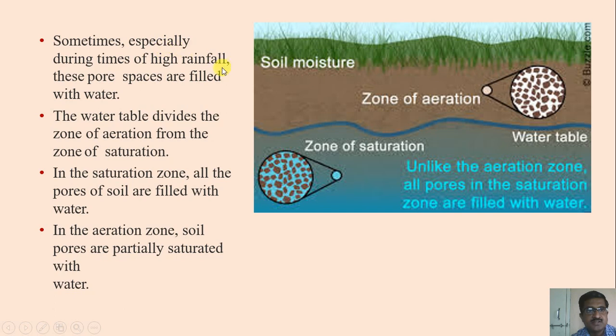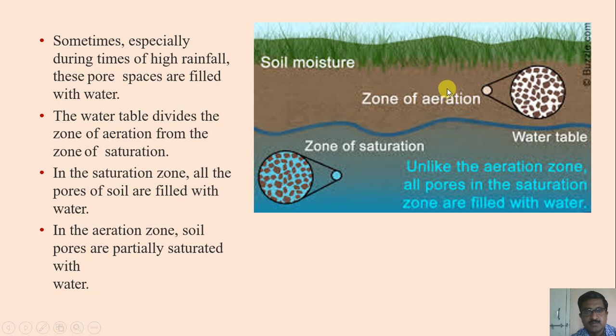without any air in the soil structure. Sometimes, essentially during times of high rainfall, the pore spaces are filled with water. The water table divides the zone of aeration from the zone of saturation. In the saturation zone, all the pores of soil are filled with water. In the aeration zone, the soil pores are partially saturated with water. In this figure you can see two zones.